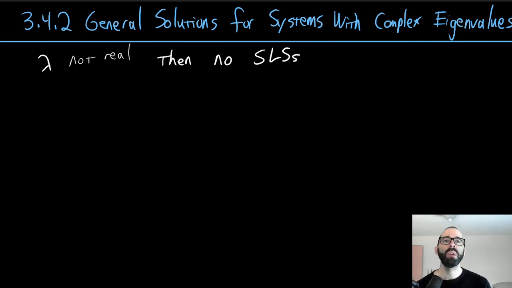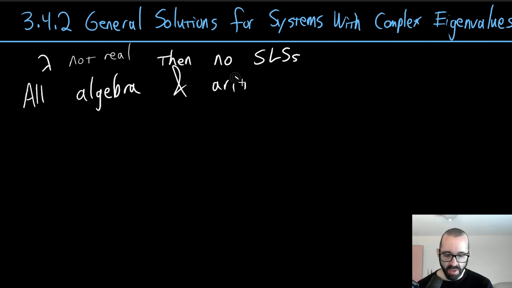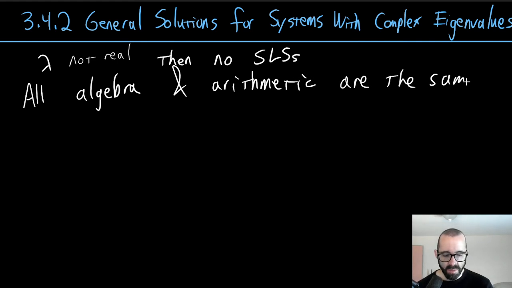The good news is that when we're dealing with complex numbers, algebra and arithmetic are the same. All the algebra and arithmetic that we did in the last two sections for distinct real roots are the same for complex numbers. That's really, really good news.